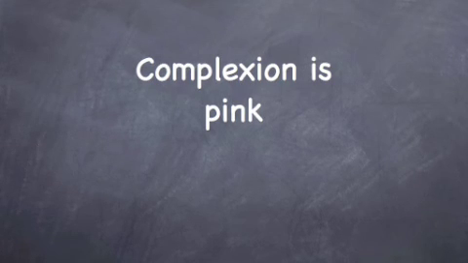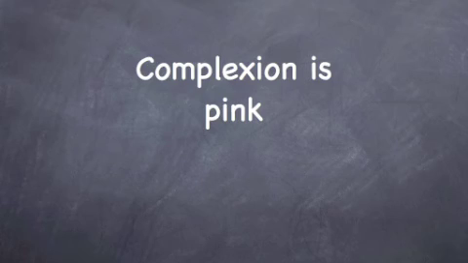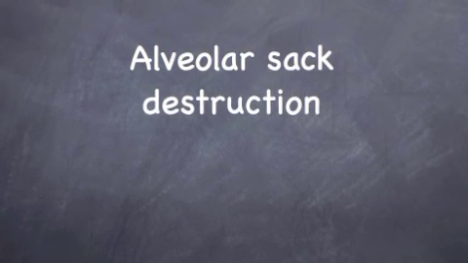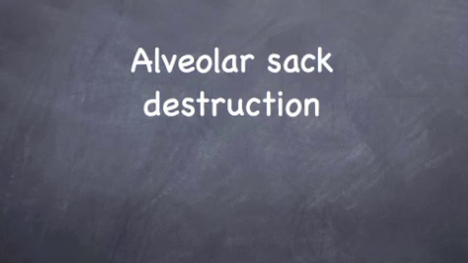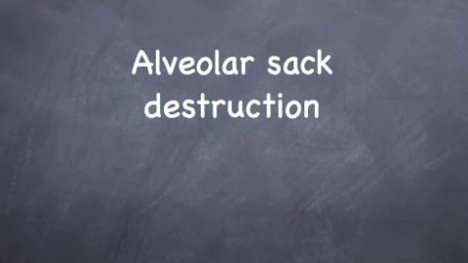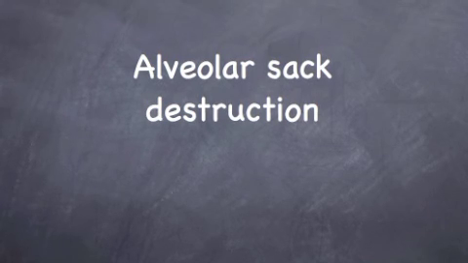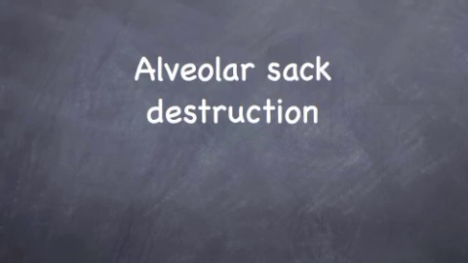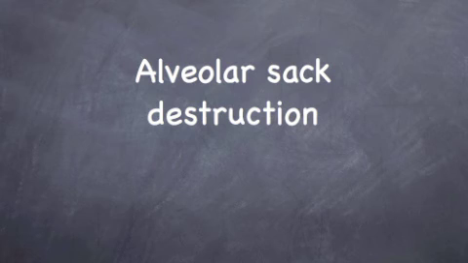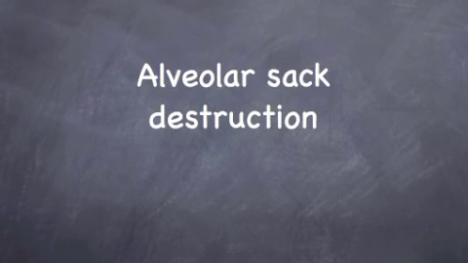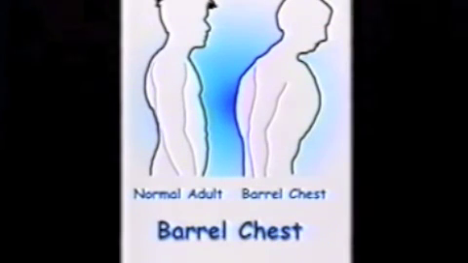Basically, what happens with emphysema is that the alveolar sacs lose their ability to adequately exchange air or oxygen and CO2 because there's a destruction of the alveolar sacs. So what happens is, in emphysema, the client will take in oxygen, and the alveolar sacs kind of get like a balloon that has been blown up 40 or 50 times.